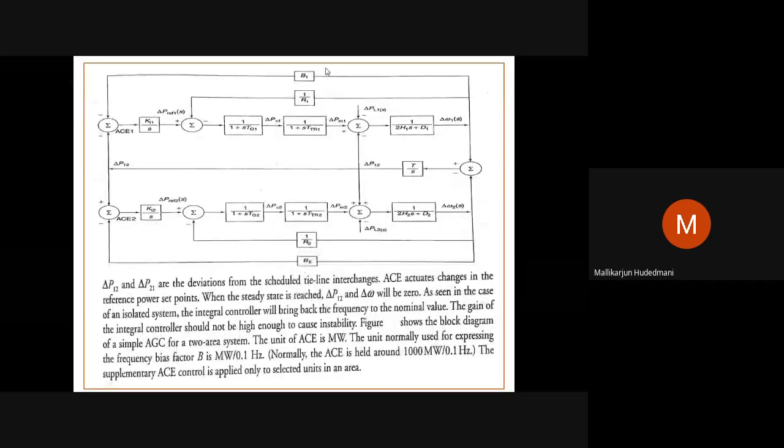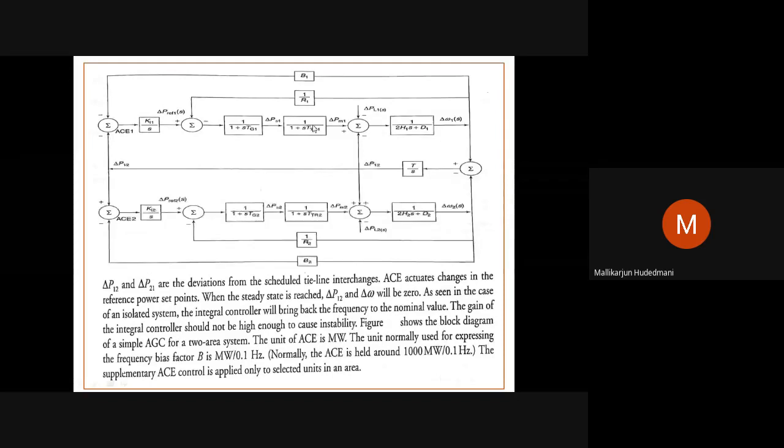Having added a new loop, configured as an area control error, with an integral controller incorporated, which will act to change the set point of the respective area, so that the area on whose load has changed will only respond for the generation. That was the advantage we have seen by incorporating a supplementary loop to the existing ALFC's primary loop in a multi-area system.